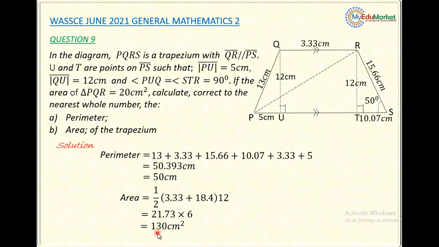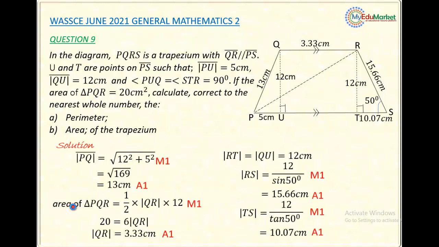So let's take the marking scheme for this very question according to the WAEC marking scheme. The mark distribution is as follows. The first mark is the method mark, M1, where you use Pythagoras to get the length PQ. The next mark is the A1 mark.